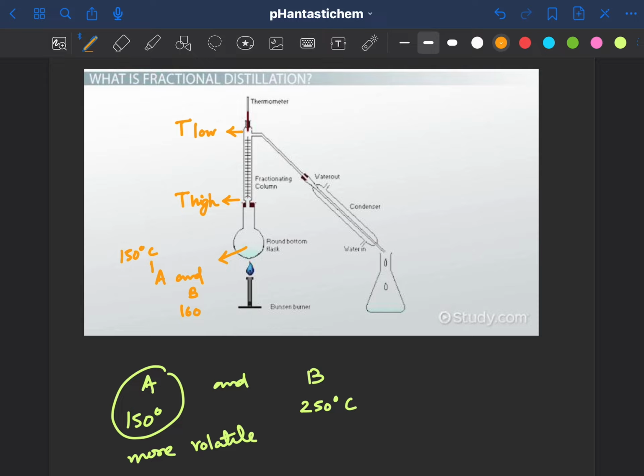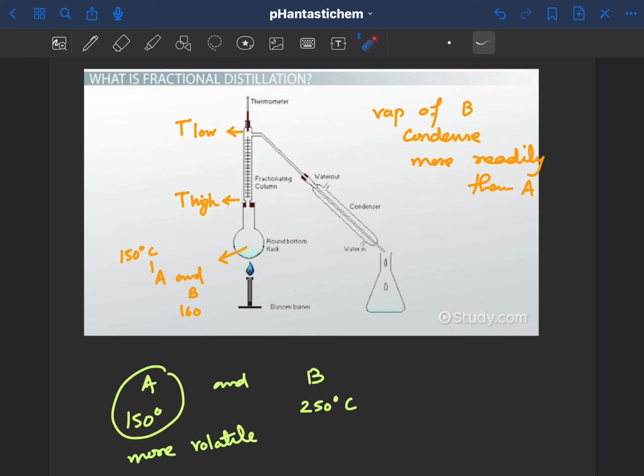I will write down the point. Vapors of B condense more readily than A. Because the temperature at which vapor B becomes a liquid again is 160 degrees Celsius, because its boiling point is 160.